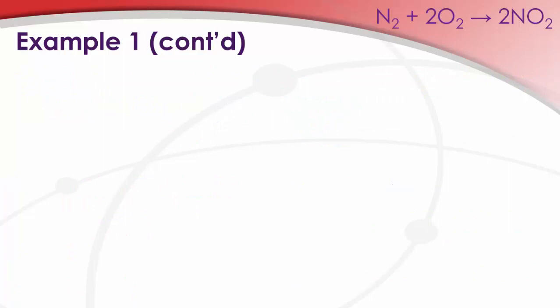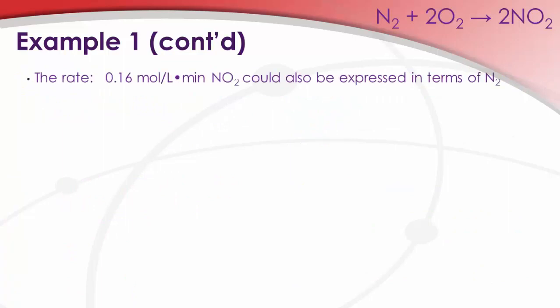It is worth noting, though, that we also could have expressed the rate of that reaction in terms of nitrogen. And here's where something gets very interesting about reporting rates of reaction. We have to consider stoichiometry, and we have to be careful what we're reporting in terms of.